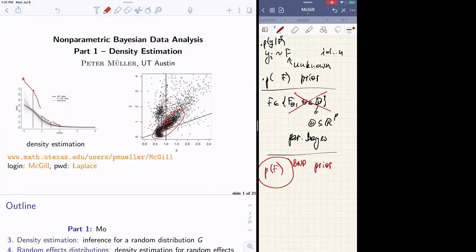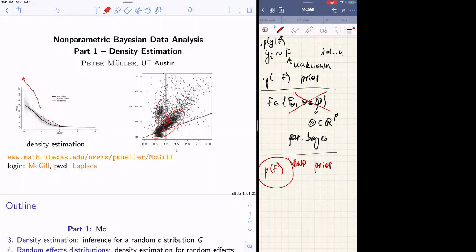There was a question: does it necessarily have to live on an infinite dimensional space? Quick answer, yes. Because if F lives in a space that is indexed by finitely many parameters, then it's parametric Bayes. That said, practically, you can approximate non-parametric inference by a mixture of normals. If you take a mixture of normal distributions, you already can get many things.